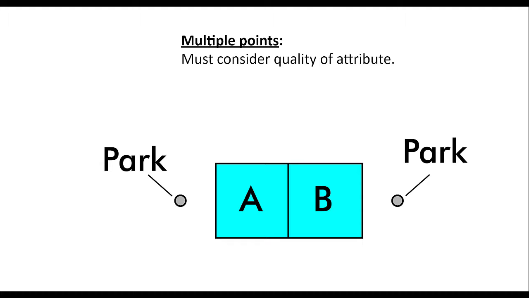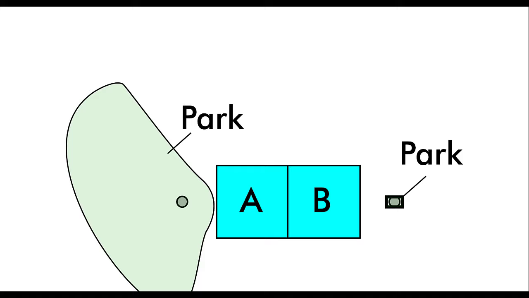Let's say you want to see which geography has a better proximity to a park. A and B are both equal distance from a park, yet not all parks are created equal. The recreational possibilities can vary between an urban pocket park and, say, an expansive regional park. Attributes such as size, recreation options, open hours, availability of transit are all factors to consider in this kind of analysis.